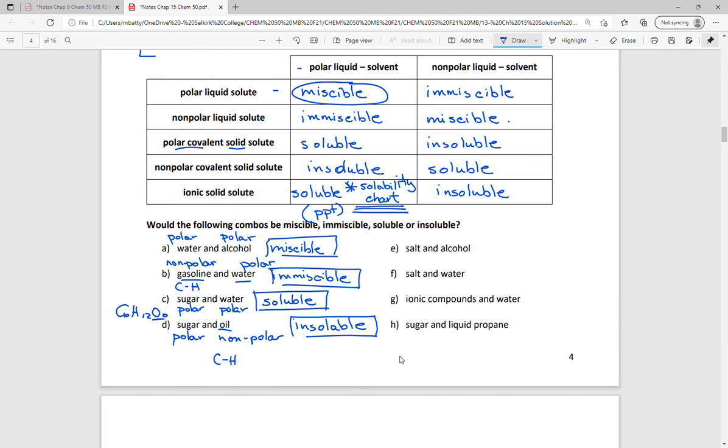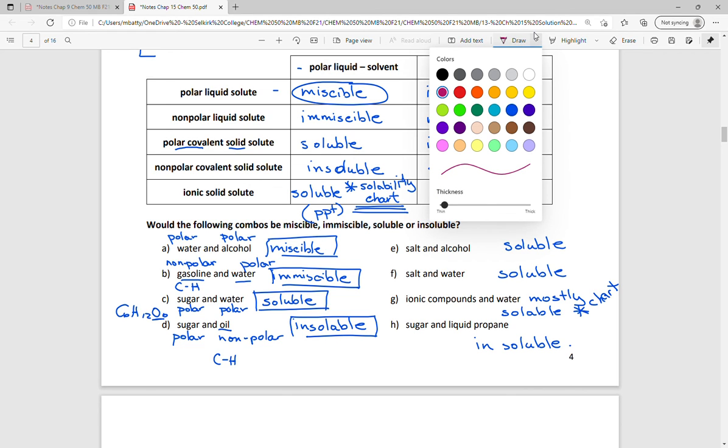So give these ones a try. I'll put the answers up. And if I talk through these ones, why did I give these answers?